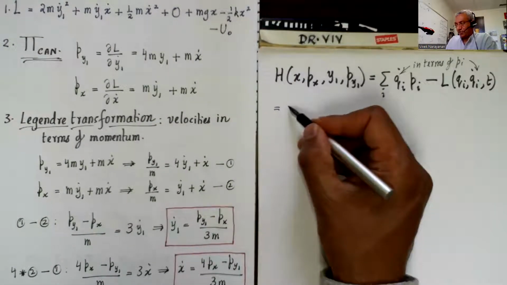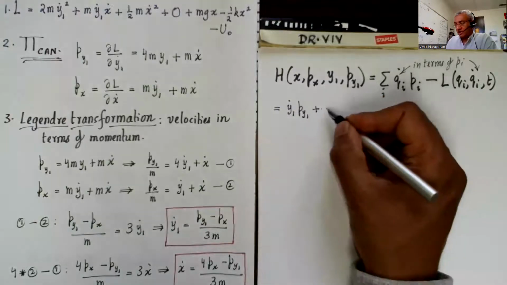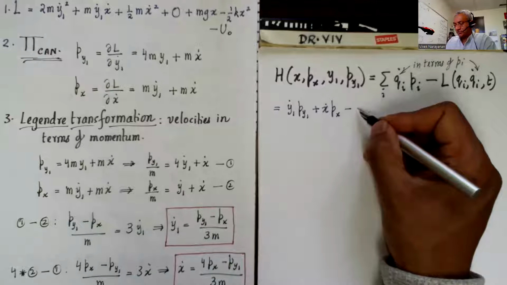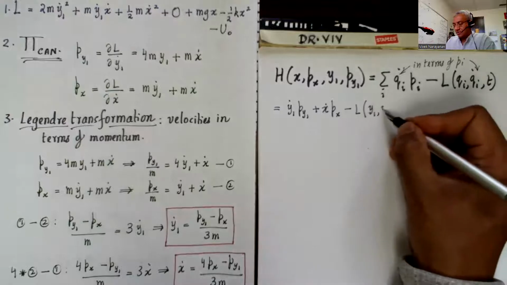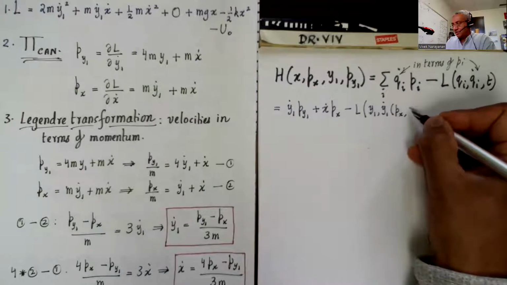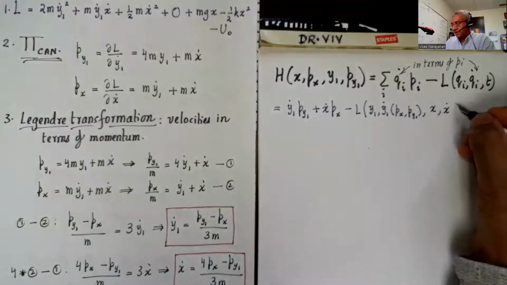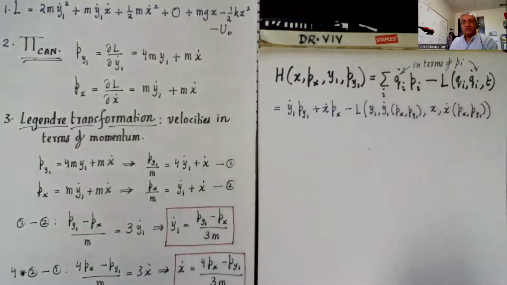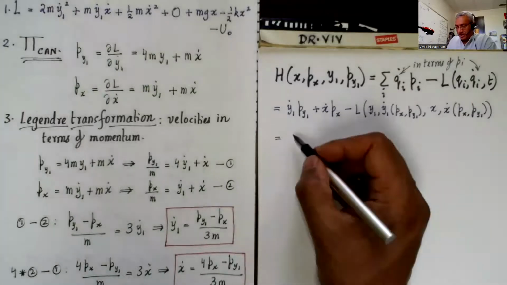So I get the first coordinate is y1 dot py1 plus x dot px minus the Lagrangian, which is L as a function of y1 dot written in terms of only px and py1, x and x dot written only as a function of px and py1. So that's our terrifying object, the Hamiltonian. Now let's write down everything.